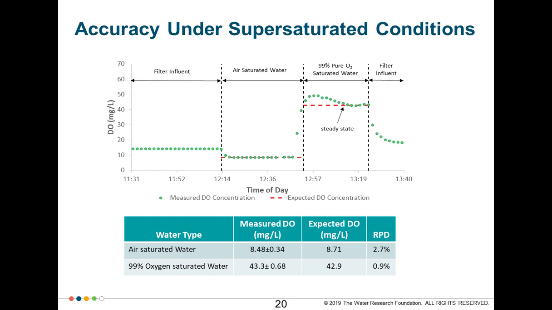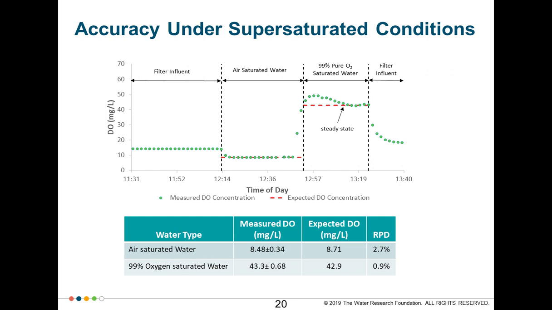This is the methodology that's used for calibrating the probe. And then we subsequently put the probe in 99% pure oxygen-saturated water. So this could get a much higher DO concentration. We wanted to see if the measured DO concentrations were in line with the expected DO concentrations given the temperature and elevation data from the facility we measured this at.